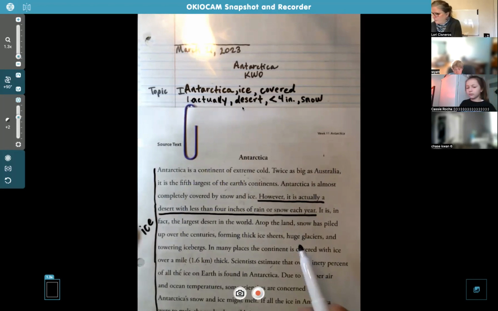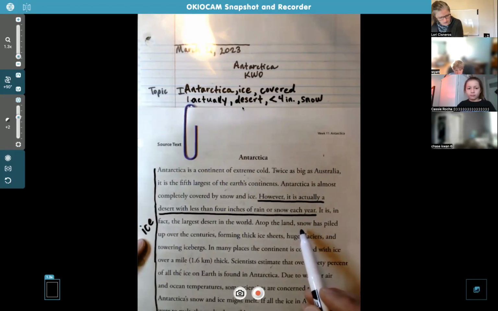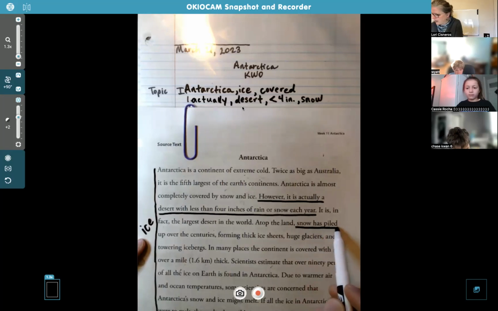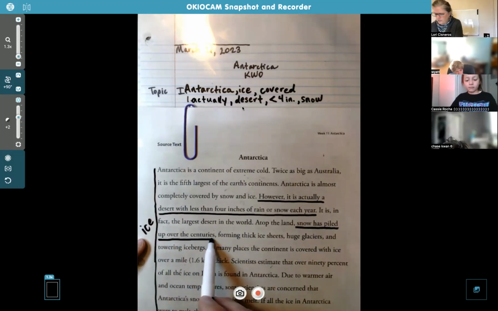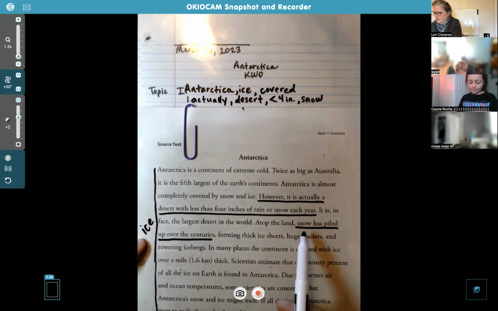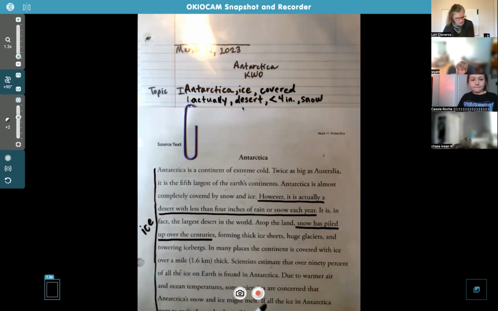That's kind of a lot of information, but let's just underline snow has piled up over the centuries. And then we'll talk about the icebergs and all that in a minute. So this fact right here, snow has piled up over the centuries.